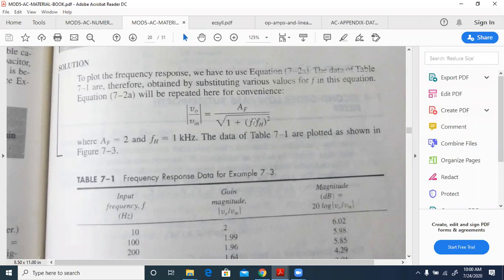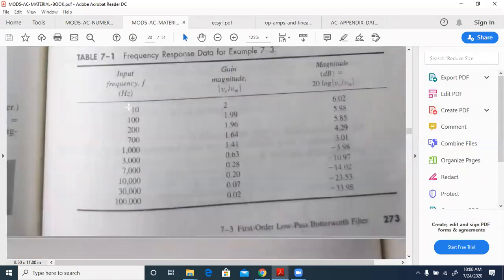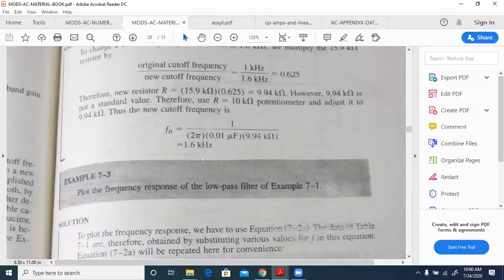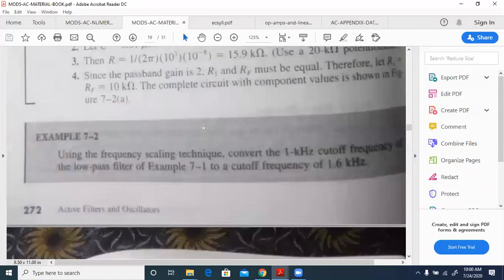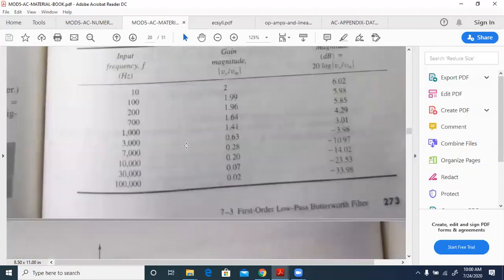So just keep FH as the central value for F. If you see here, in this problem, 1 kilohertz is the value for plotting, so 1 kilohertz is kept in between. Below values he has taken some, above values he has taken some. Similarly, we should do that there also.